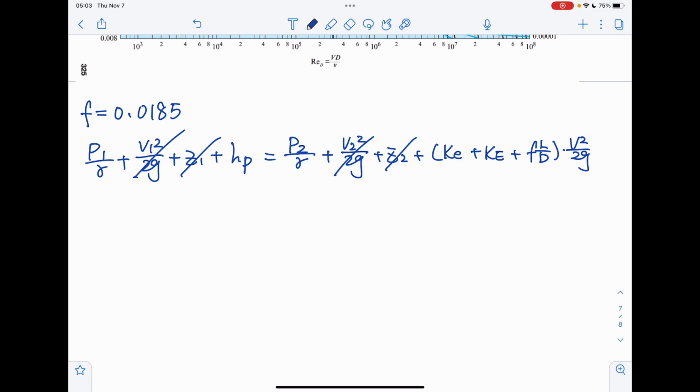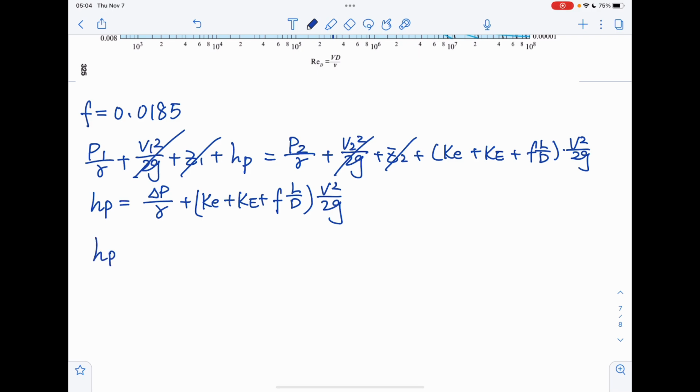It gives us only the pressure, the friction loss, and the pump term. So Hp should equal the delta P over gamma plus K entrance plus K exit plus f L over D times V squared over 2g.